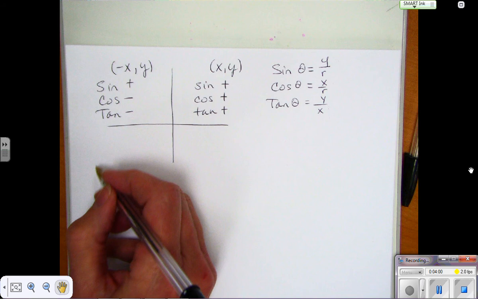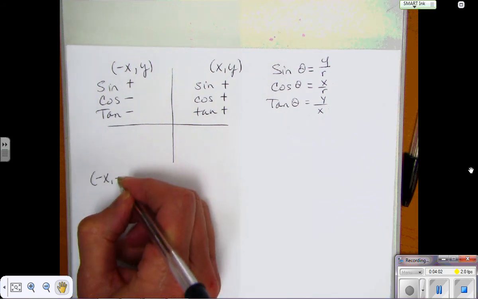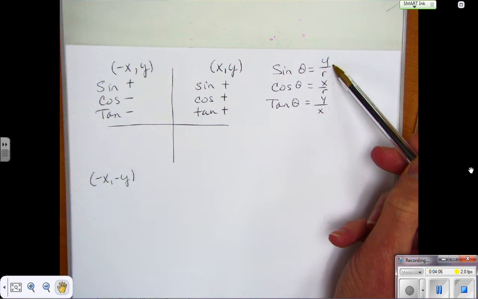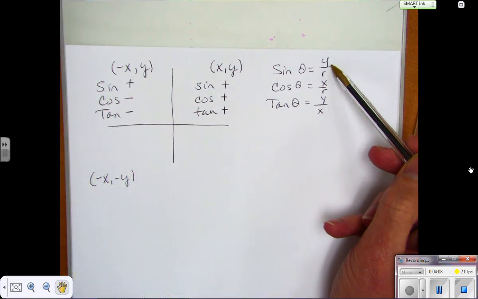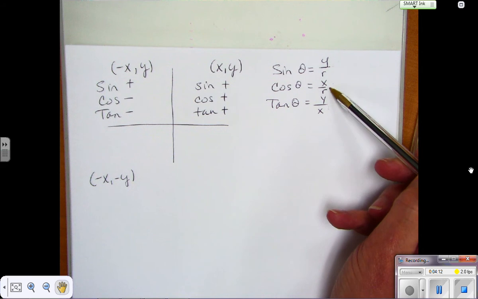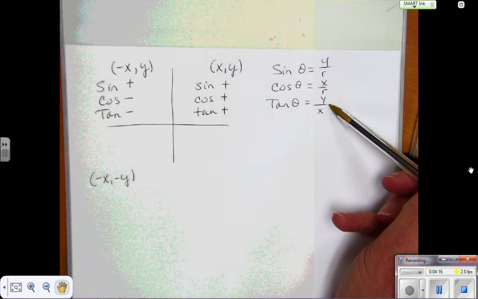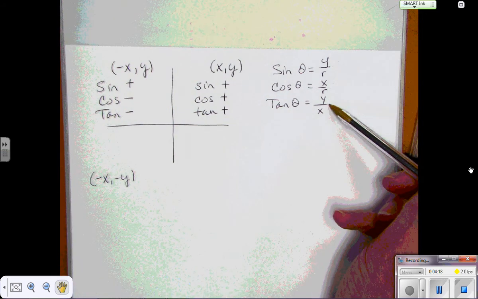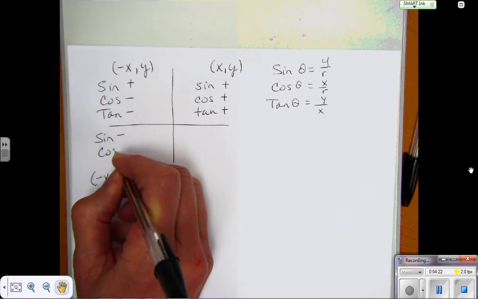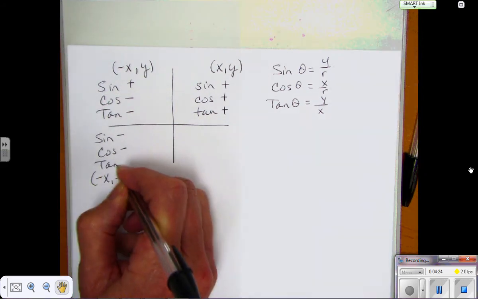In the third quadrant, you have both x and y negative. Sine has a negative y, so that makes the whole thing negative. Cosine, x is negative, so that makes your ratio negative. But for tangent, since x and y are both negative, that makes it positive. So sine is negative, cosine is negative, tan is positive.